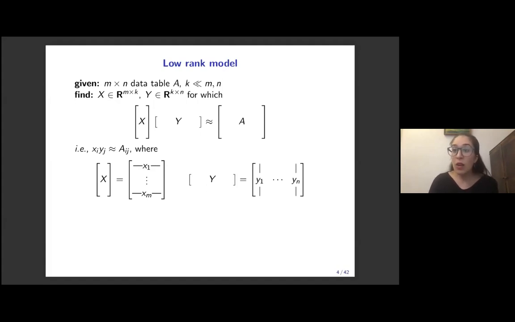The result is a real valued rank K or lower matrix. But I'm going to say that X times Y is approximately equal to A. That there is an X and a Y, so X times Y is approximately equal to A.